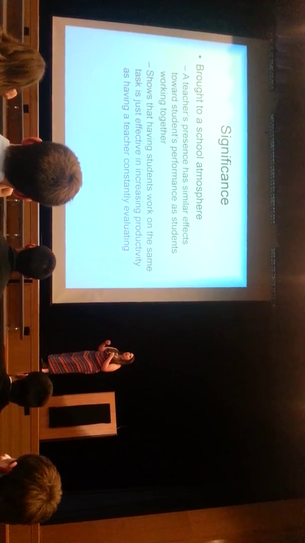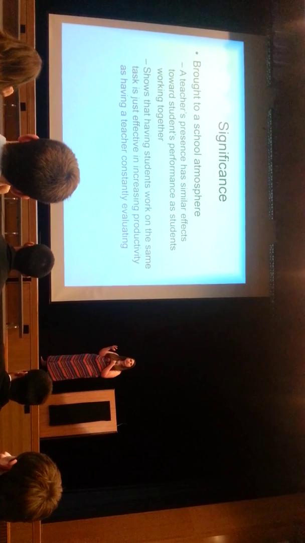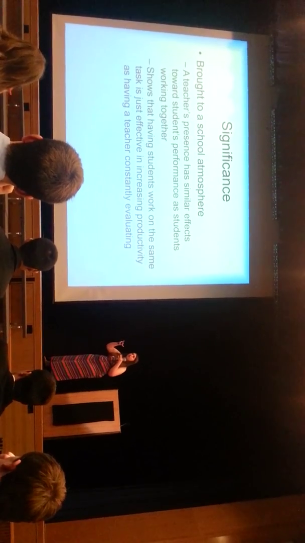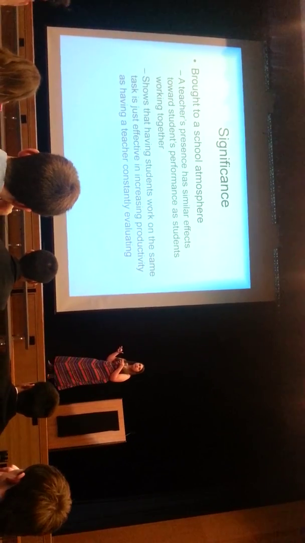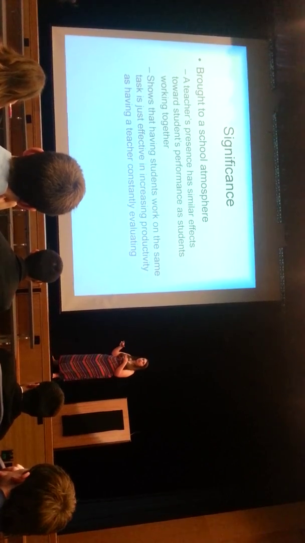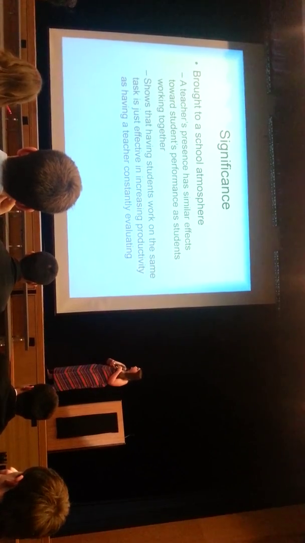You would say that it's not necessary to have the teacher always directly hovering over students if there's a slightly competitive working together among the peers in a classroom. So you don't have to have all these evaluative tactics constantly pressed on the students, and you could still have about the same productivity among the students.